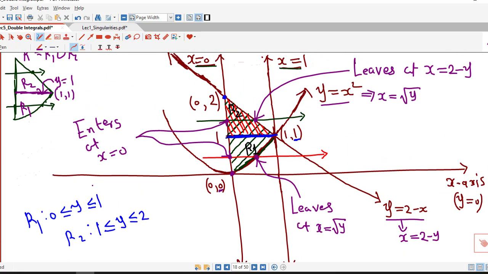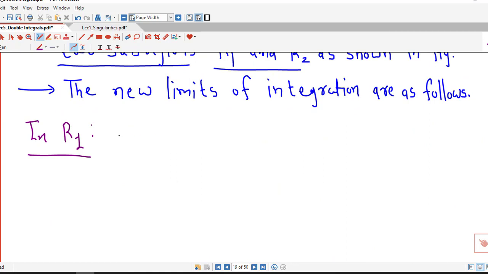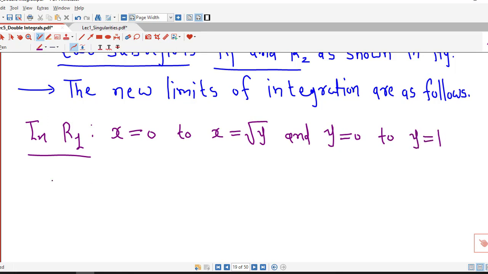In R1, x is from 0 to x equal to square root of y, and y is from 0 to y equal to 1.